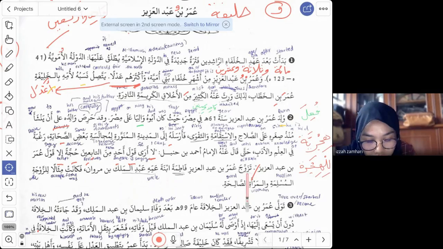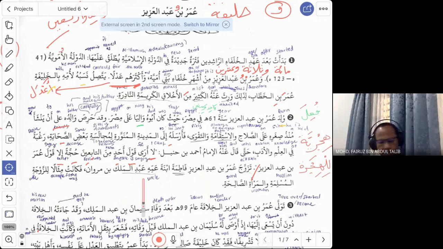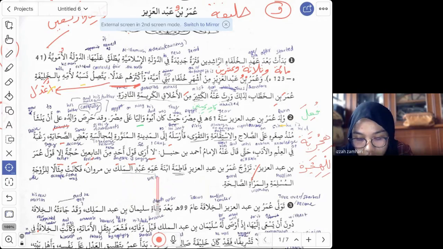Fakanat. Okay, what is the meaning of the sentence? Umar bin Abdul Aziz married Fatima, the daughter of his uncle Abdul Malik bin Marwan.